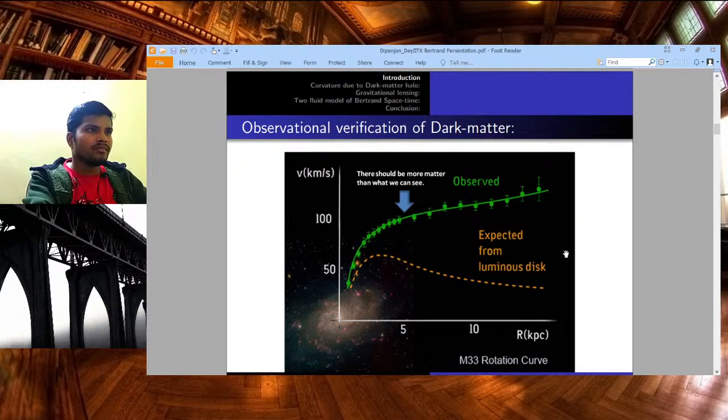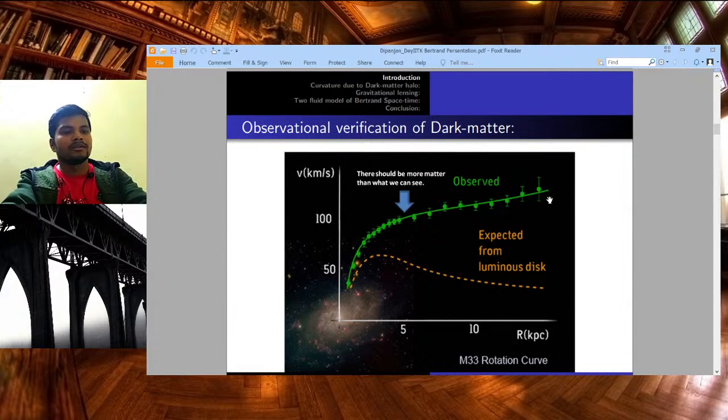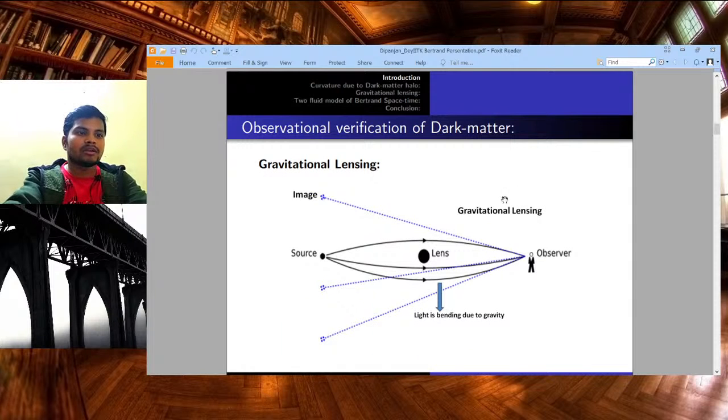Very well. As we have already told you, what Zwicky gave us, the rotation curve, and we have also explained what gravitational lensing is. The mass creates a lensing effect: light from some sources is bending, and we see the images in a distorted way.